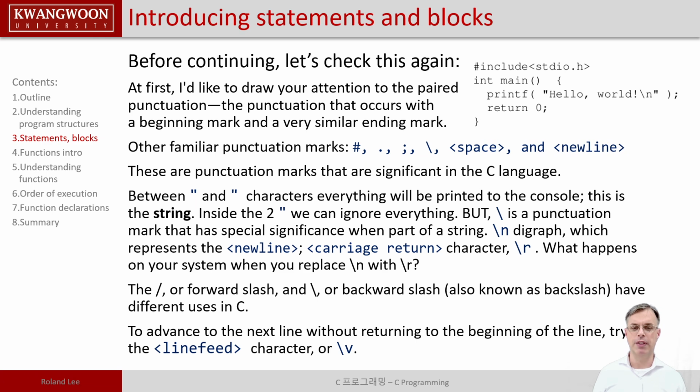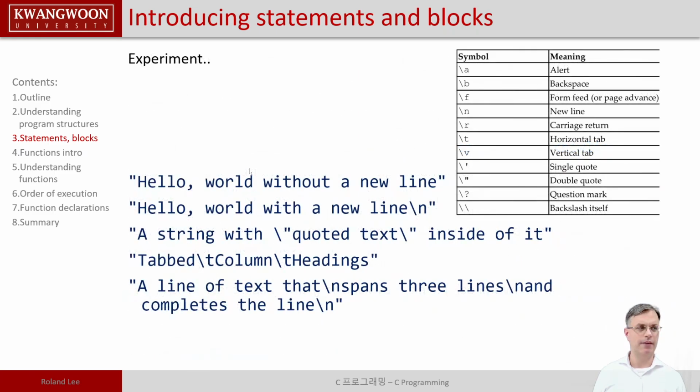Most often, these two actions are combined into one swift and firm movement, new line and carriage return. Let's do an experiment. What happens on your system when you replace \n with \r?